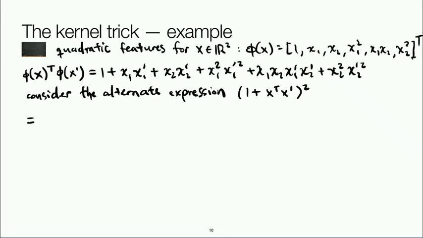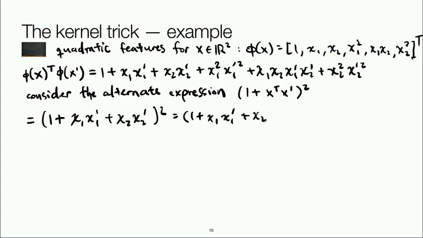We can write this out a little bit. This is 1 plus, well, what's x transpose x prime? It's x1 x1 prime plus x2 x2 prime, squared. I get this thing, which I can also write, just to make it a little bit more clear, by making 2 copies of it.